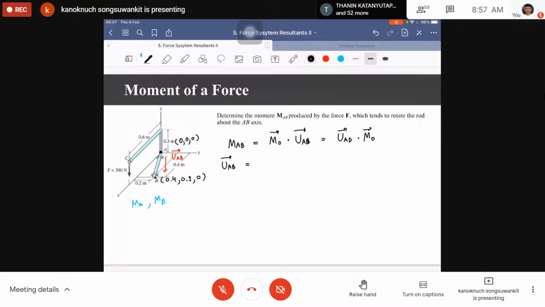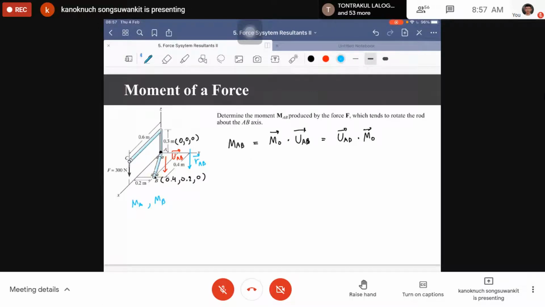Okay, so from point A to point B, we have the position vector RAB.